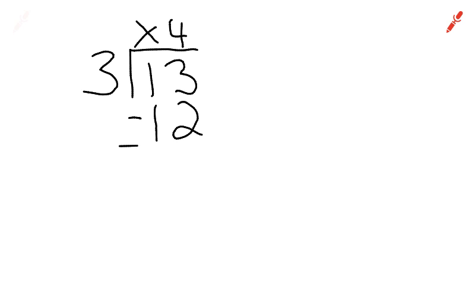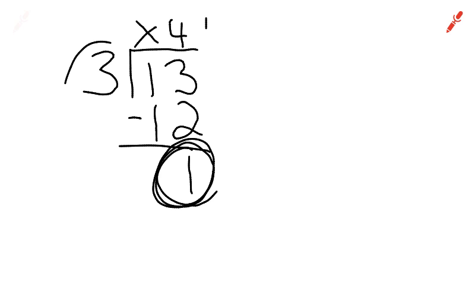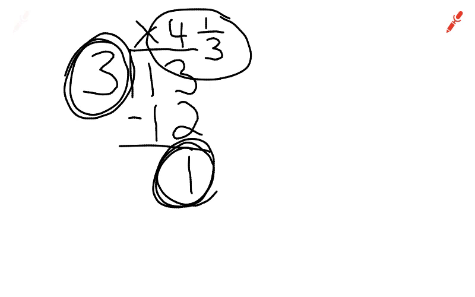We now subtract, and we're left with 1. So this 1 is going to be our numerator, and then this 3 needs to be our denominator. And our answer is 4 1/3.